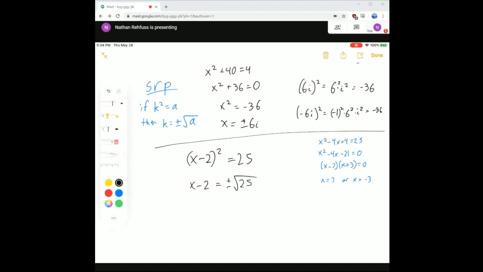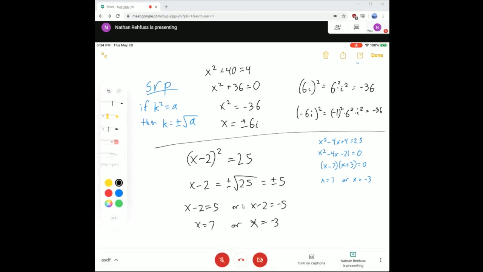So we know that that's positive or negative 5. So I know that x minus 2 equals positive 5, or x minus 2 equals negative 5, which means that x equals 7, or x equals negative 3. Add 2 to both sides.